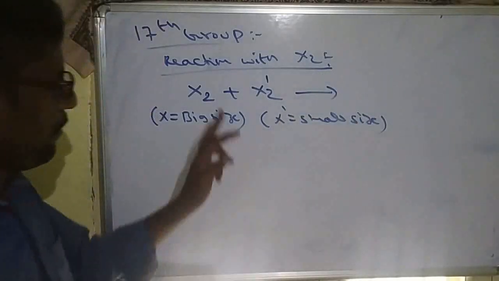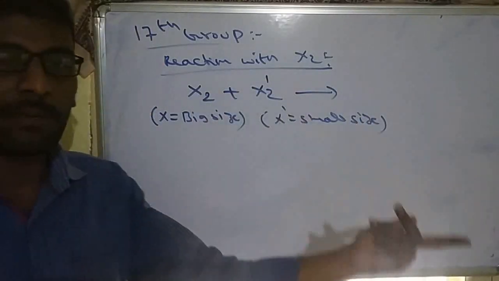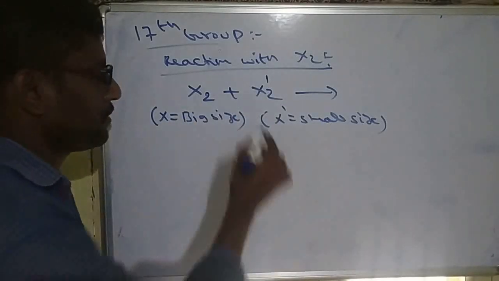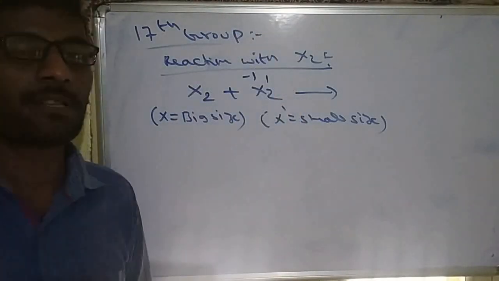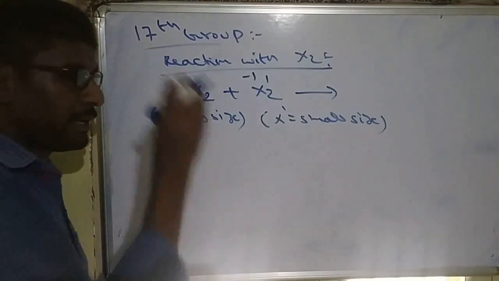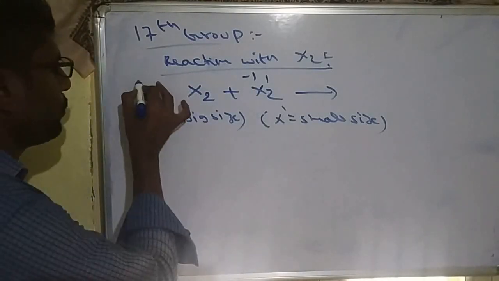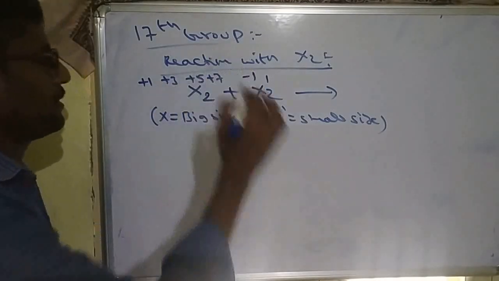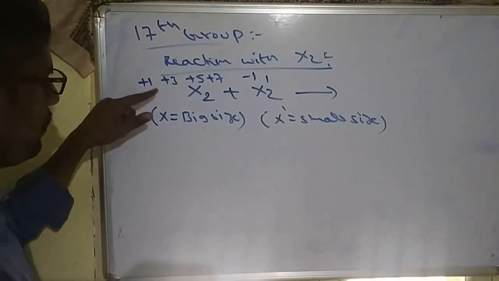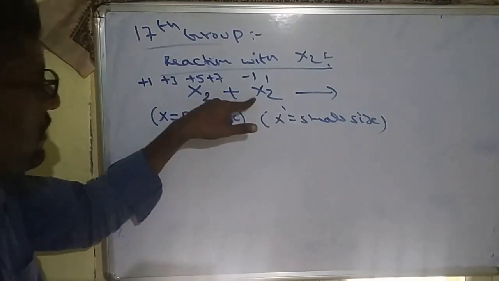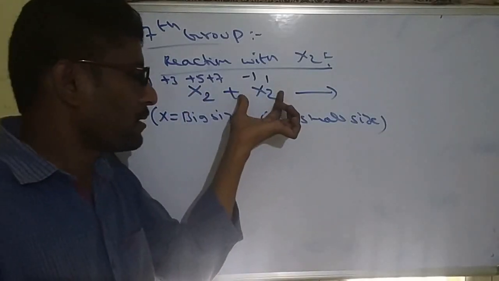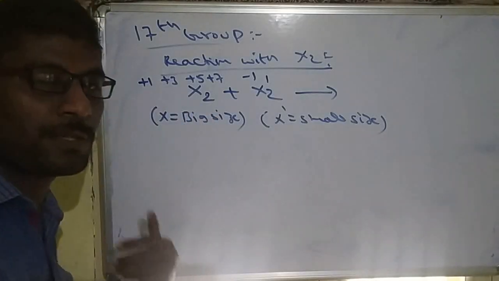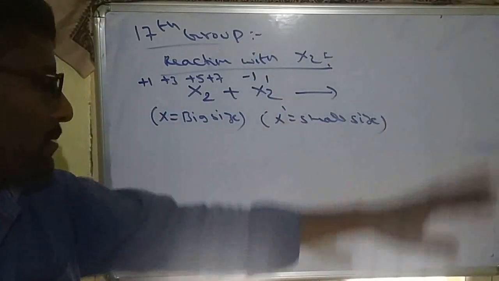Among big size and small size, which will be more electronegative? Definitely the small size will be more electronegative. So it will show negative charge, -1. Whereas the big size will show positive charge: +1, also +3, +5, +7. So when big size and small size halogens are combining, the small size will exhibit -1, and the big size can show +1, +3, +5, +7.